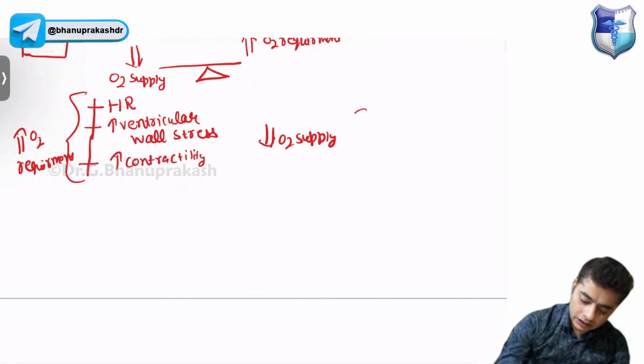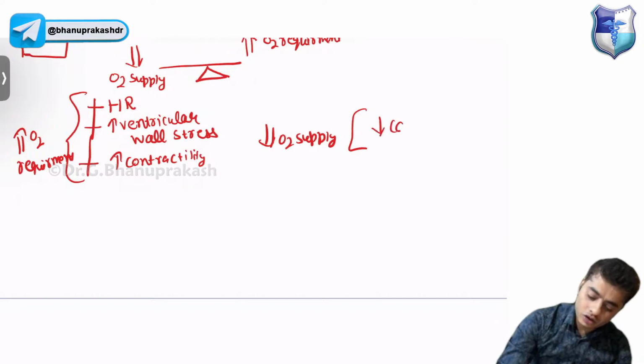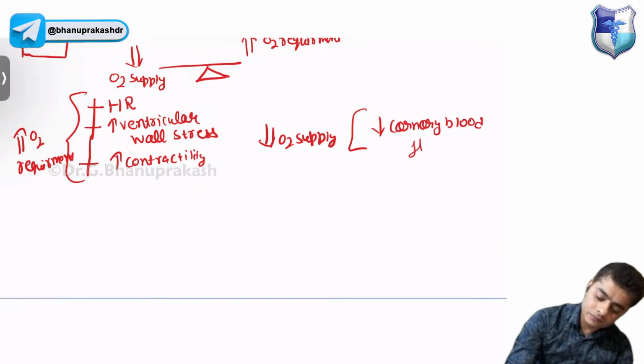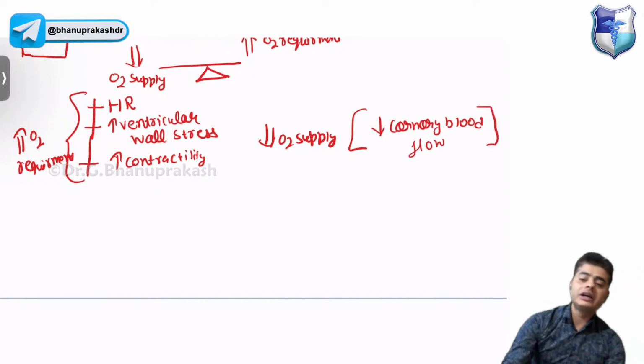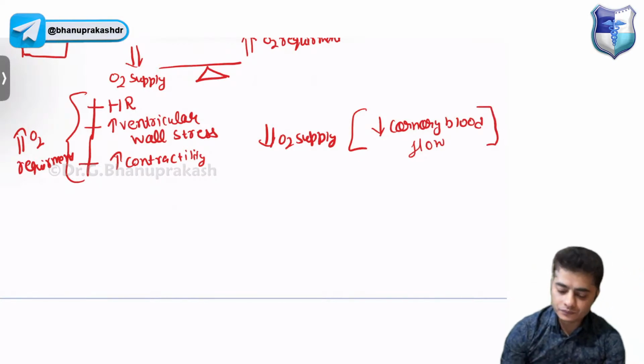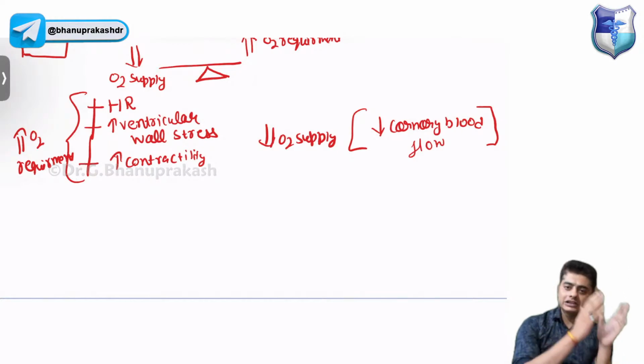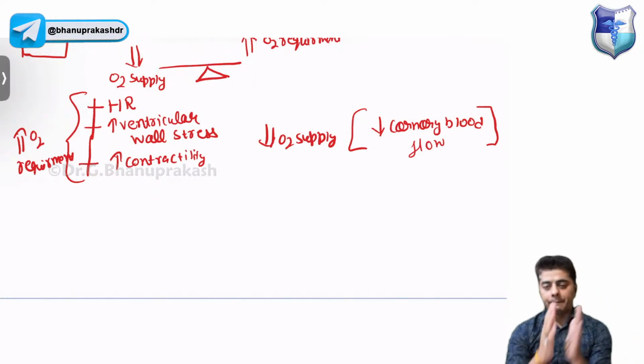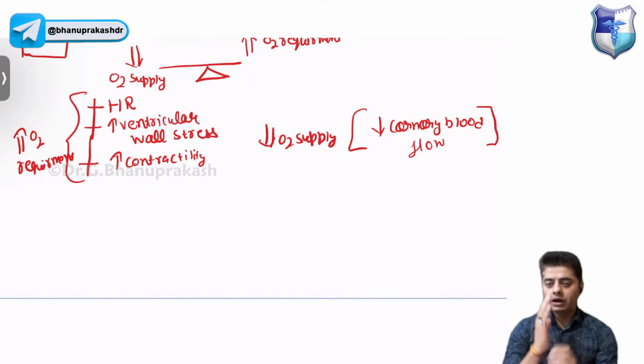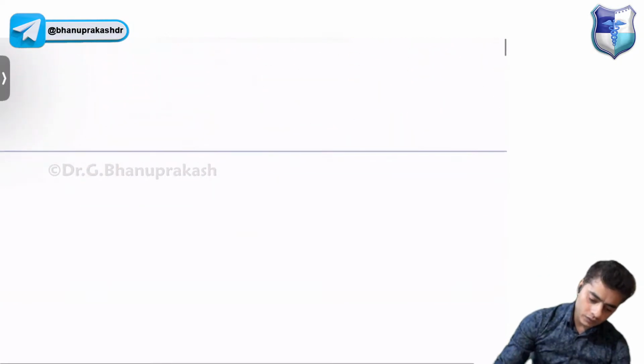When there is decrease in coronary blood flow, the most common reason is an atherosclerotic plaque. So increase in oxygen requirement, decrease in oxygen supply, and mismatch between them lead to myocardial ischemia.